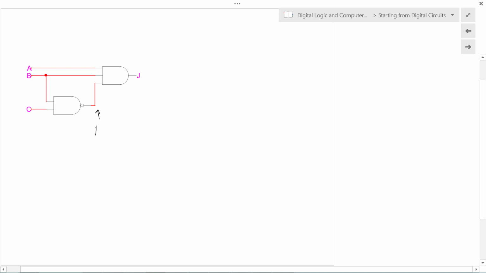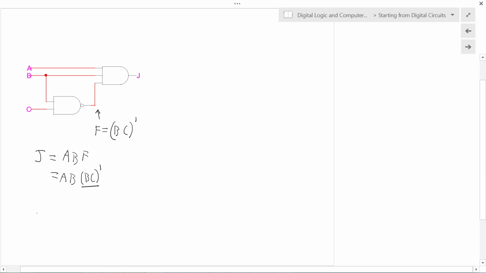We'll call it F, and this is equal to B ANDed with C prime. So we can solve for J, which equals A and B and F, which is equal to A and B and (B C) prime.